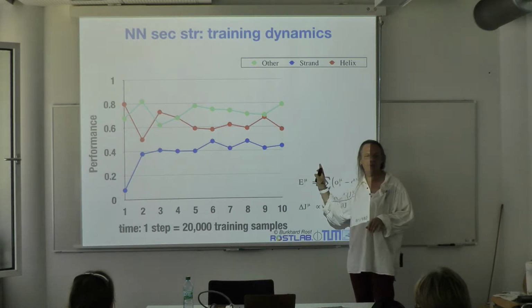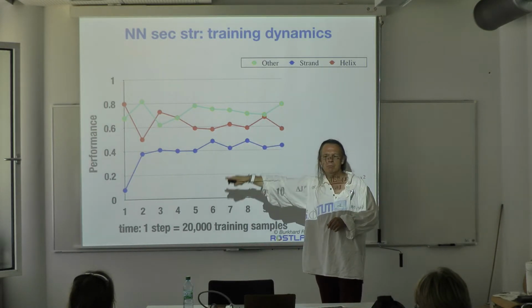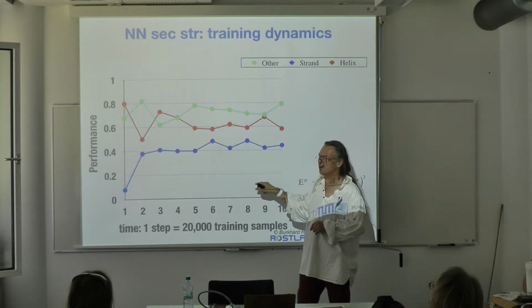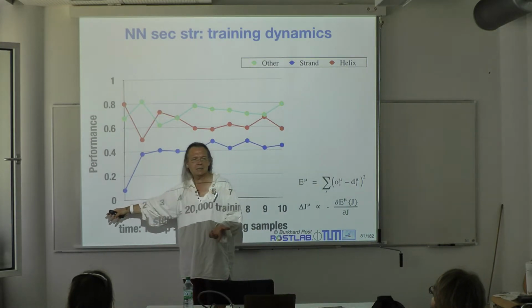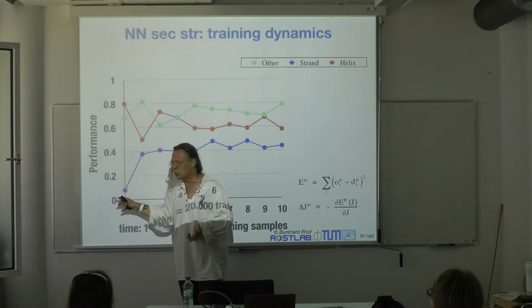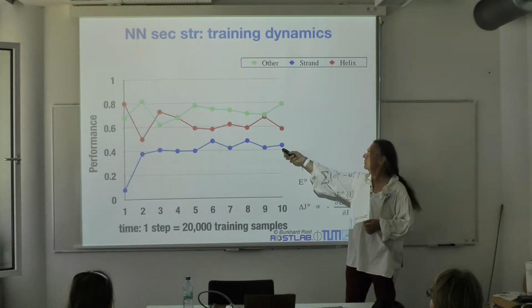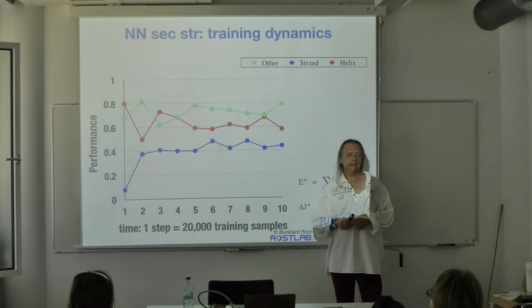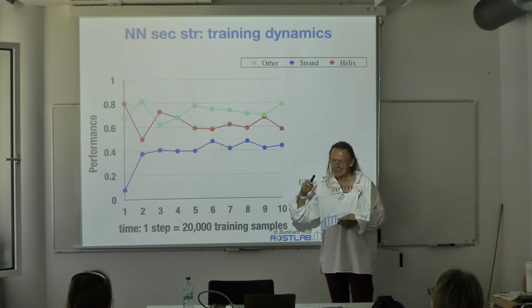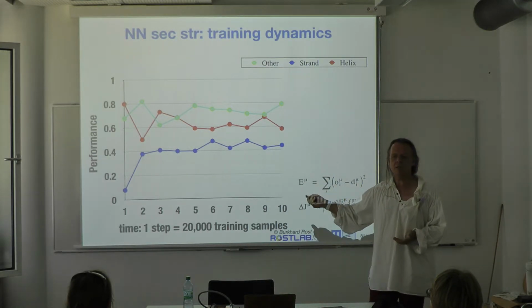Over the course of this curve, yes, blue is always below the other two, but blue grows a lot more, at least a factor of 1.5 or over a factor of 2, almost a factor of 3, from the first step to whatever the optimal step is, right? So that brings us to a suspicion.